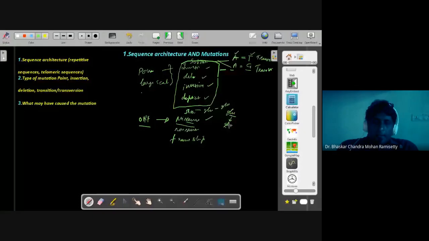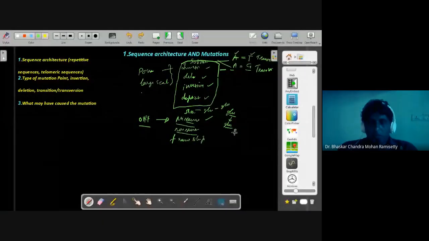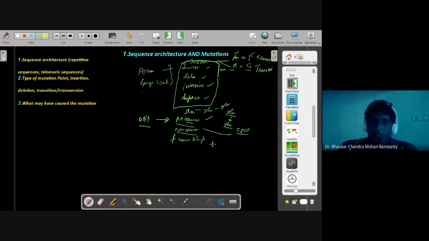Then there is nonsense. Any sense codon that results because of a mutation becomes a stop codon, then that is a nonsense mutation.